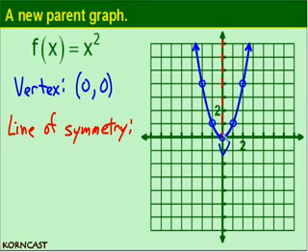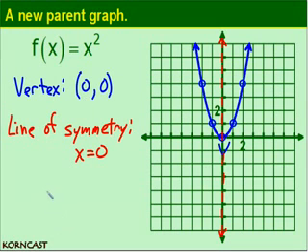A nice way of thinking about that is if we decided to fold our graph down our line of symmetry, we would get the same part of the graph on each side. Also note that the distances from the line of symmetry to our points on our graph are the same distance. So the equation of our line of symmetry, in this case, is going to be x equals 0. Please note that that's the same value that we have on our ordered pair for the vertex x value of 0.